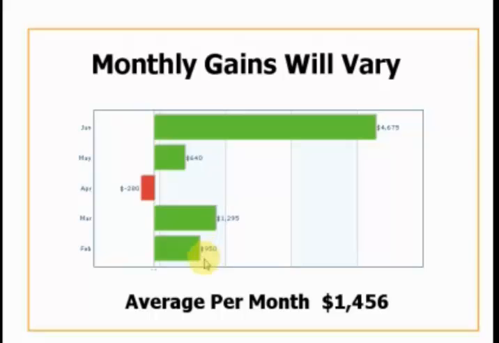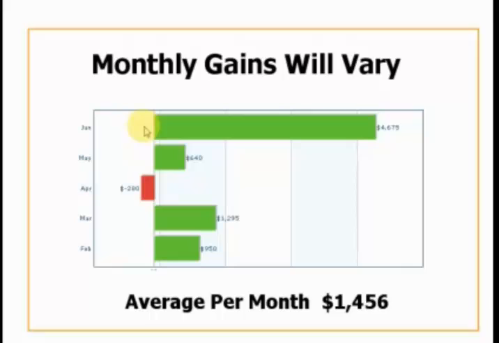And then the following month, the trades I took off the table and closed out, I netted 1,300 bucks. In April, the trades that I took off the table had a loss of 280 bucks. Okay, when everything was said and done, all the trades that got closed out, that's how it penciled out.